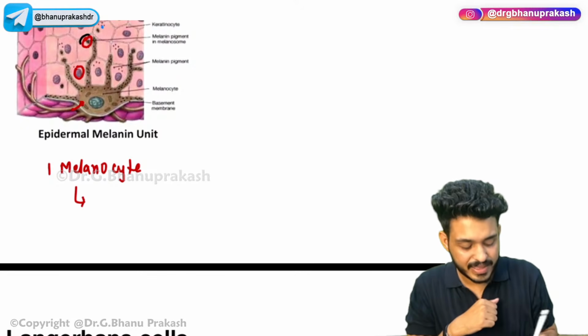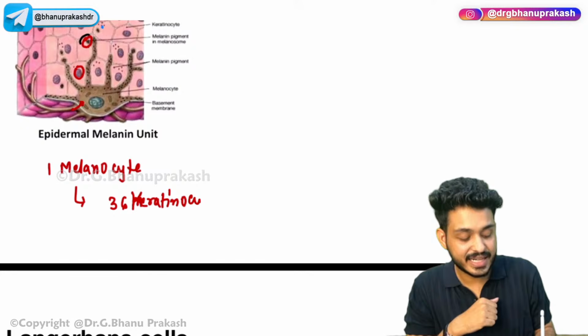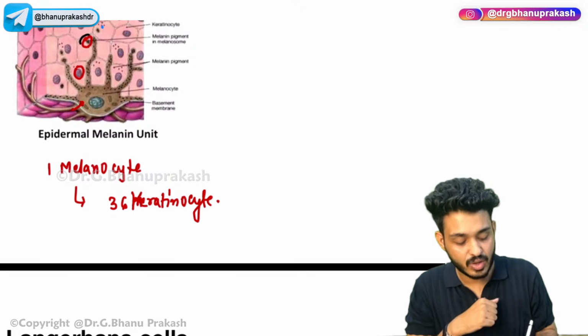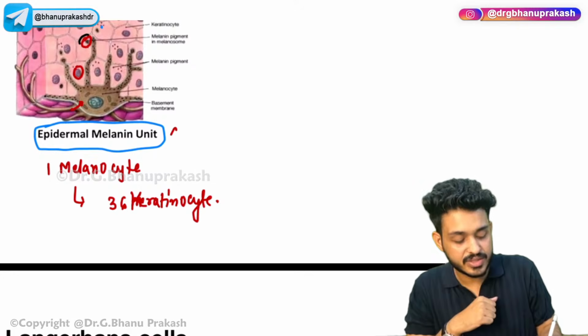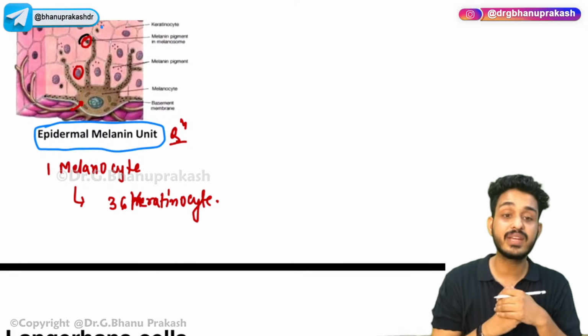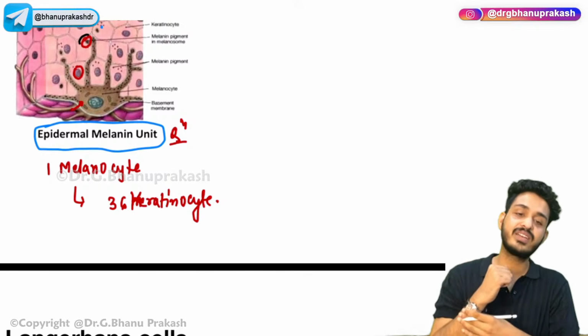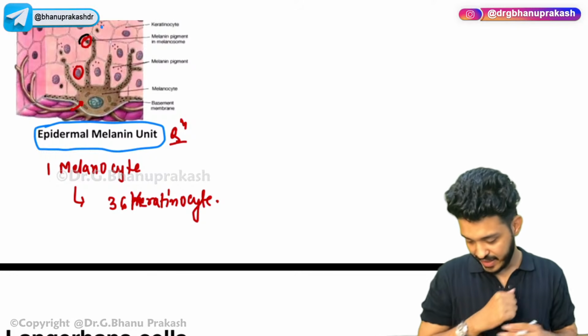One melanocyte will give color to 36 keratinocytes. This is known as the epidermal melanin unit, and this is the exam question they have asked you. Wonderful, guys, very good.